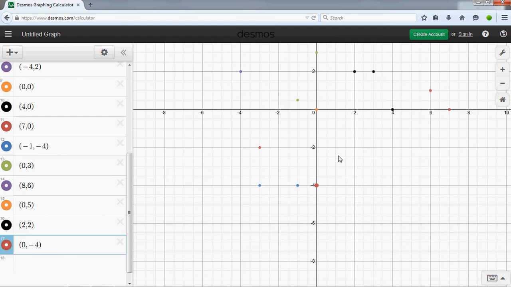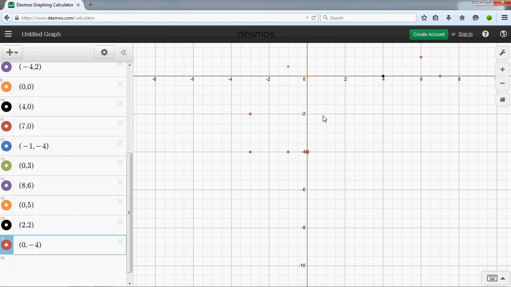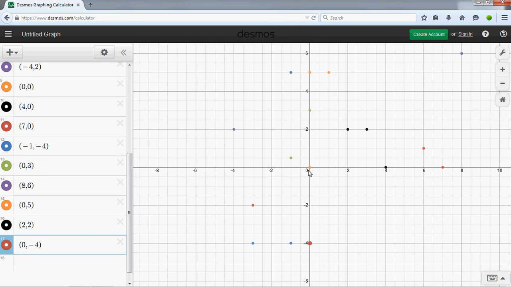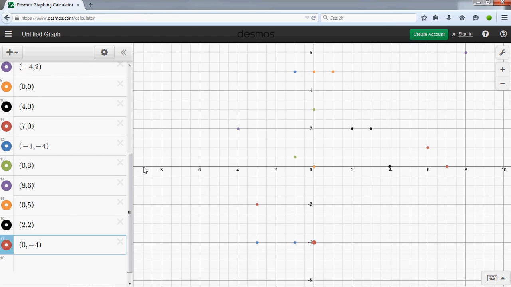So I think we got to move this a little bit. Oh, no, I'm sorry. We go over 1, 2, 3, 4, 5, 6, 7, 8, and maybe we need to move right to there, 9, and then we go up 0 on the y-axis. And there we go.